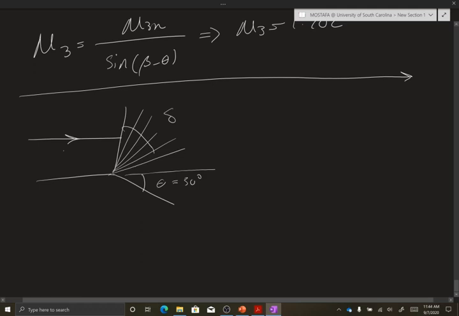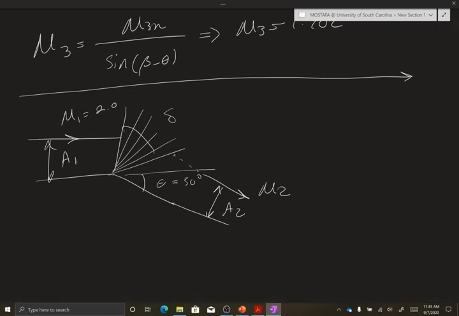Your M1 is going to approach 2.0. And then we have M2, of course. The area this streamline covers is A2 after the expansion wave. The area it covers before the expansion wave is A1, and we're talking about a specific streamline, right?